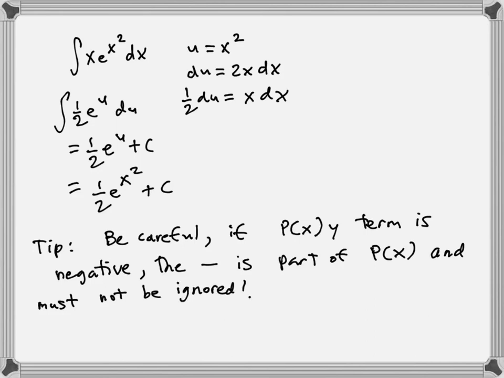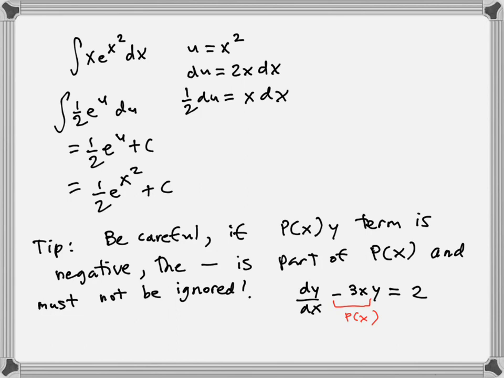What do I mean by this? Well, let's say you had something like this. It is extremely important that you include the entire minus 3x in your p of x. Your p of x is negative, and that negative will make a difference, right?